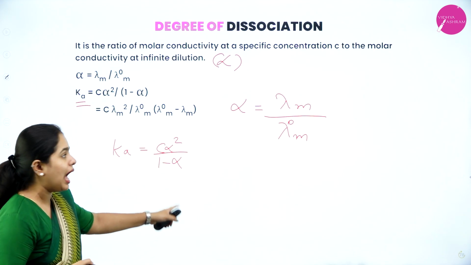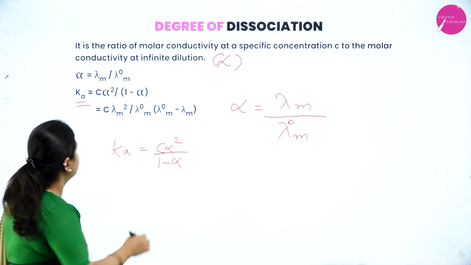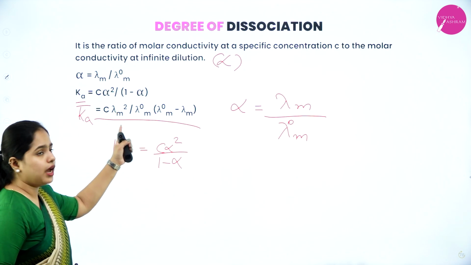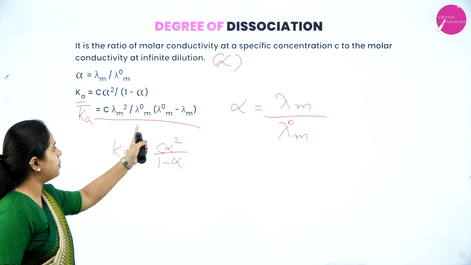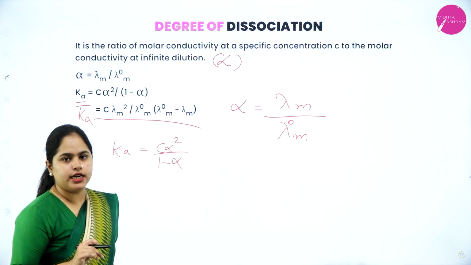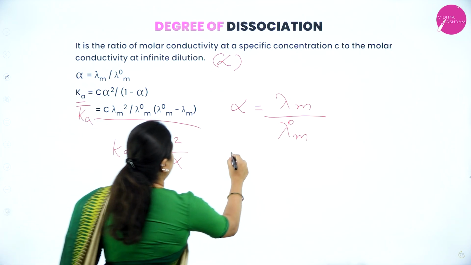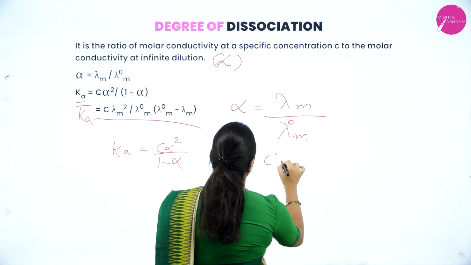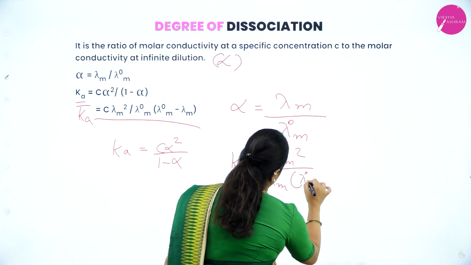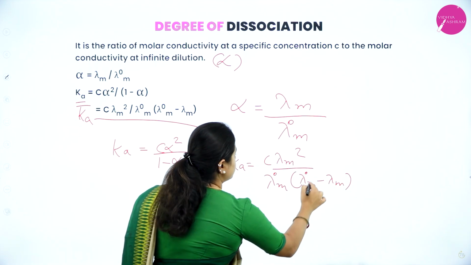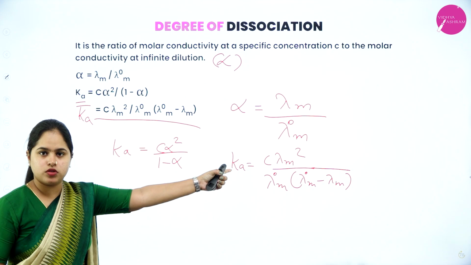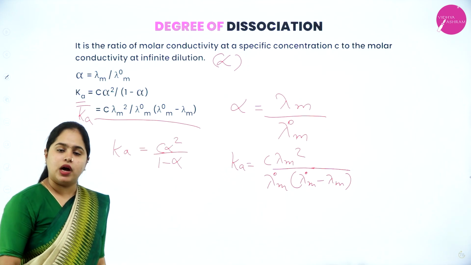If you substitute the alpha value as lambda m by lambda naught m, you will get Ka, the acid strength, equal to C lambda m square divided by lambda naught m into lambda naught m minus lambda m. So this is the equation for the acidic strength, Ka. So this is the degree of dissociation, and this is the equation for Ka. I hope it is clear.